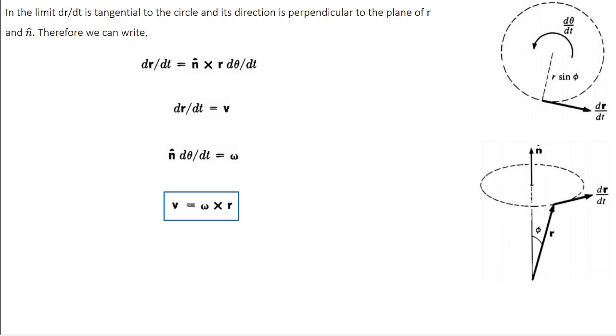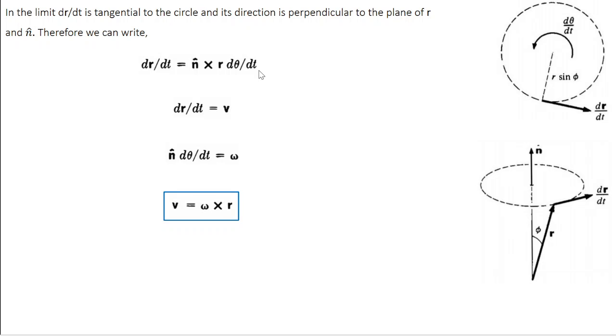And as I said, dr by dt is perpendicular to both r and n cap, which means I can represent dr by dt as a cross product of n cap and r. So I write dr by dt equals n cap cross r, times d theta by dt.